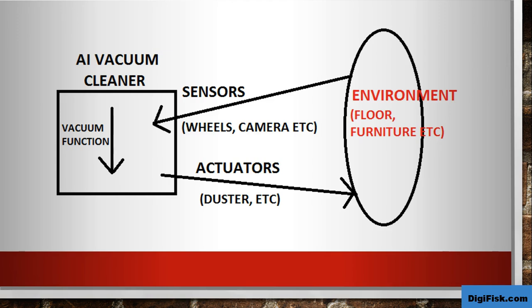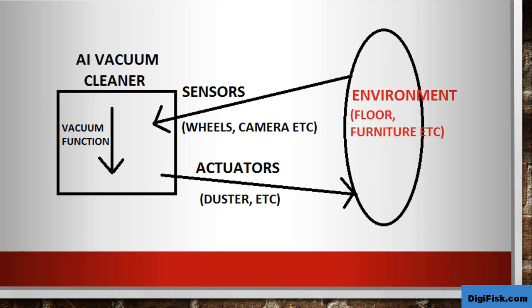Okay, so while scanning, it will notice a human leg walking towards the robot. So if it notices something like that, then the vacuum function will ask the wheels to turn in the other direction. Okay, so it will redirect the wheels to move in a different direction so as to not hit the human leg. Okay, it will also have code for collision detection as well.